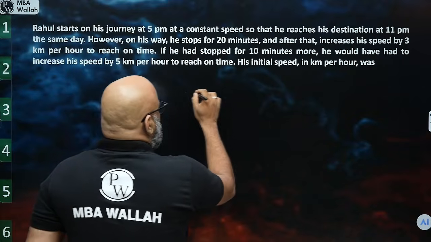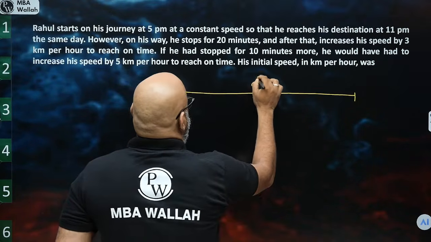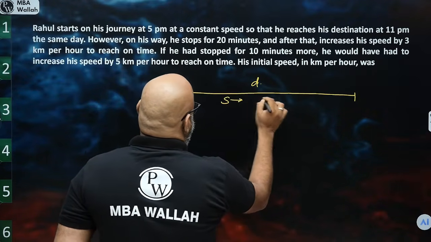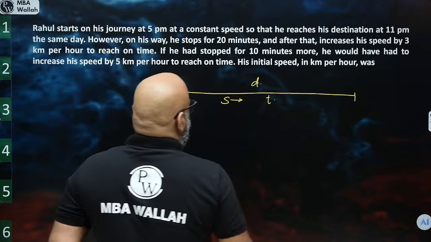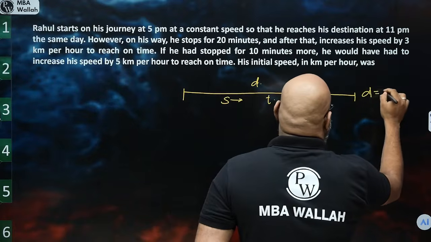In the initial case, the standard distance at the regular speed takes t time. So d is equal to s into t.